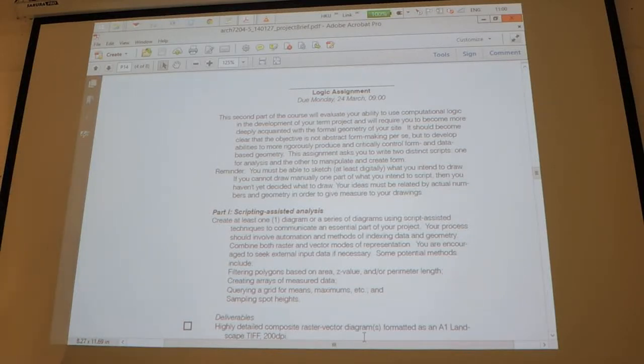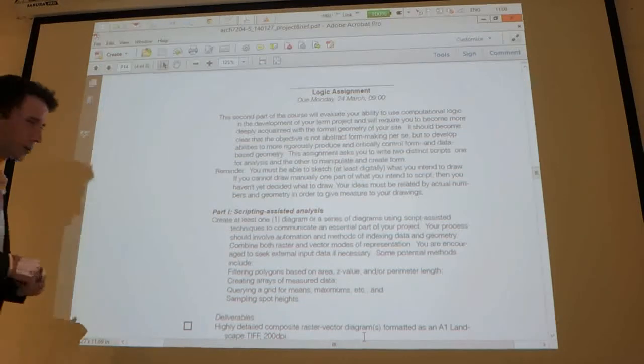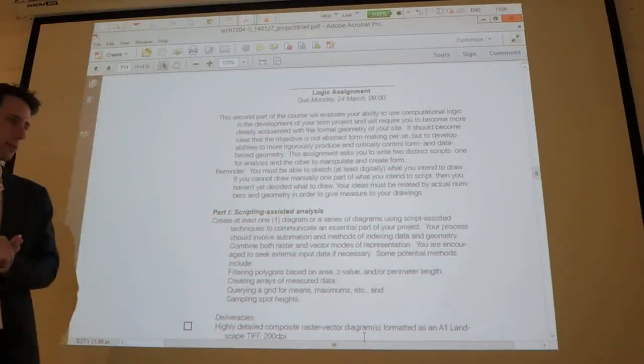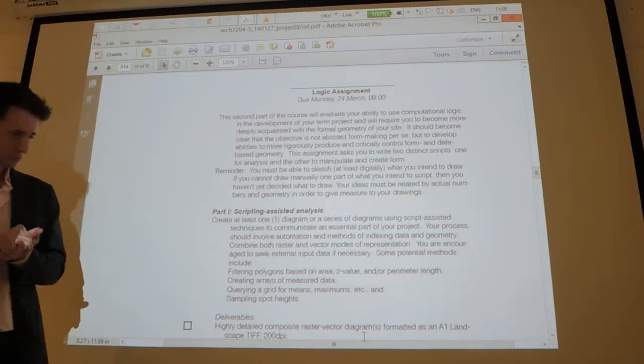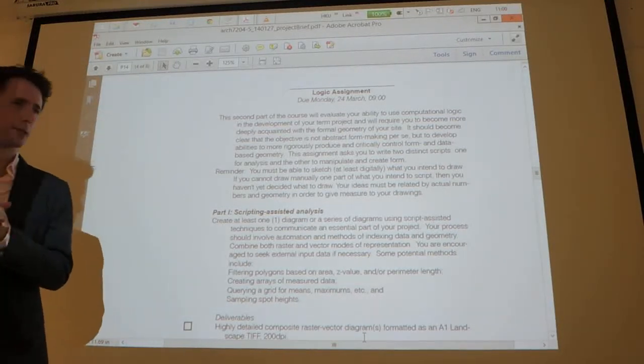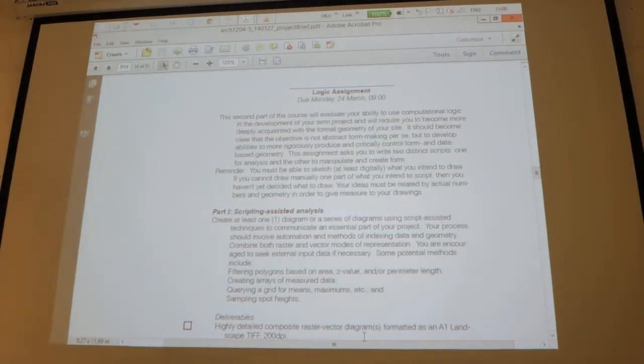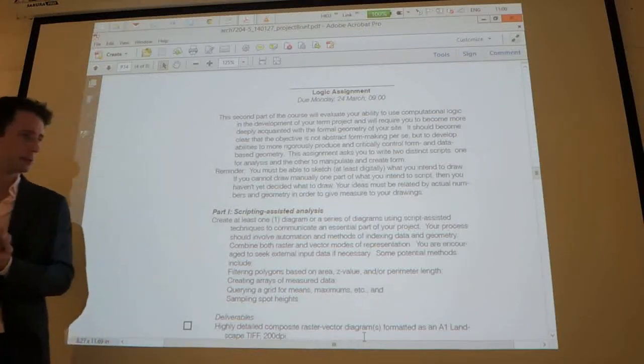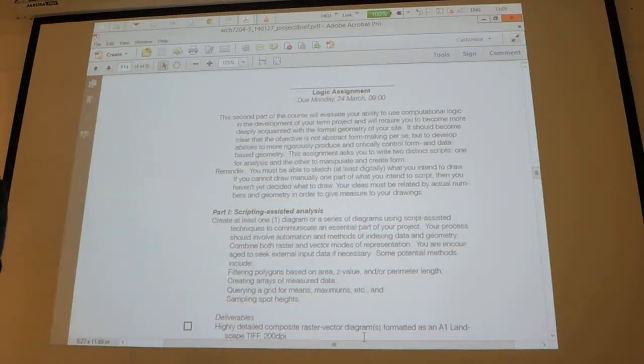Some potential methods include, and you can already start to see how scripting assists all of these types of things, for instance, a series of buildings or footprints, a series of lakes, a series of townships, etc., that could be filtered based on their area, their z-value, their perimeter length, etc. So you could query particular geometric attributes and then categorize and do something with those.